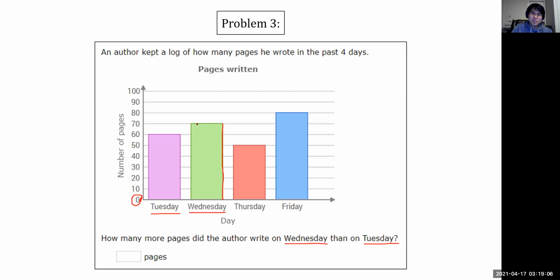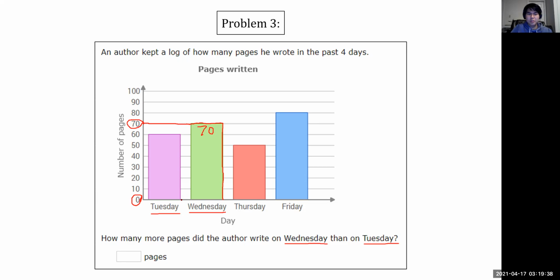Now that I've reached the top of this green bar, I am going to trace a horizontal line all the way to the left towards this vertical axis, until I reach the number that it corresponds to. And so in this case, the number of pages that the author wrote on Wednesday is 70. He wrote 70 pages on Wednesday.